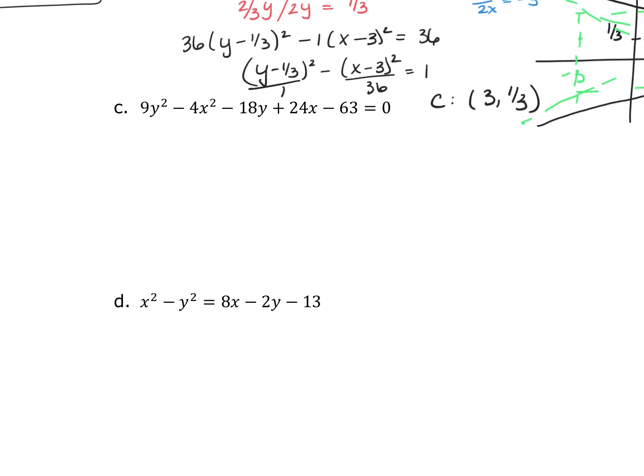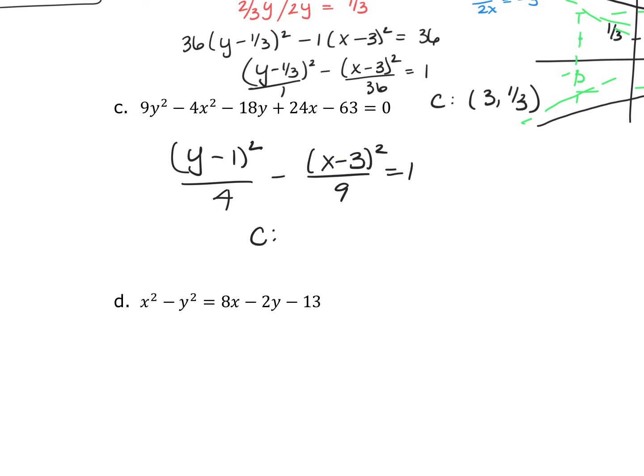Same kind of thing. So I'm going to go ahead and have you do these, and then I'm just going to give you the equations, and hopefully you can find that on your own. So for C, the equation that I got in standard form is, because y is positive, it'll be first: (y - 1) quantity squared over 4, minus (x - 3) quantity squared over 9 is equal to 1.